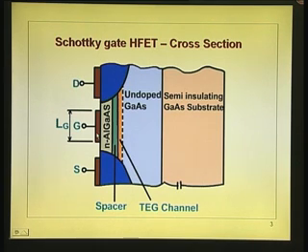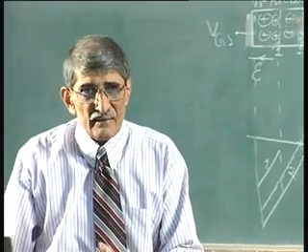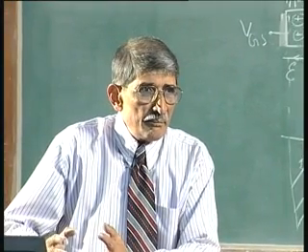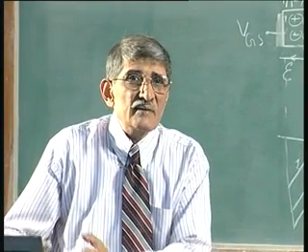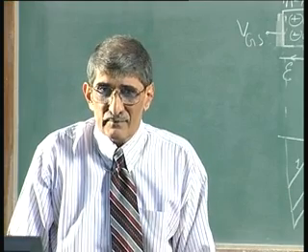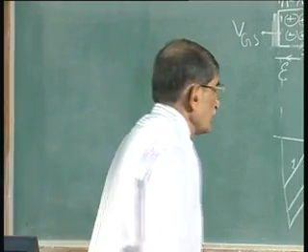So, what is the total potential of this point and this point? The total potential is the voltage that we must apply to the gate to deplete the N layer completely, plus the potential that must appear across the junction. Okay. So, let us put it down like this.